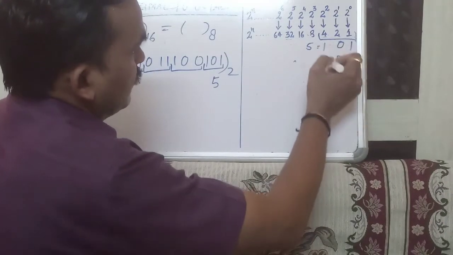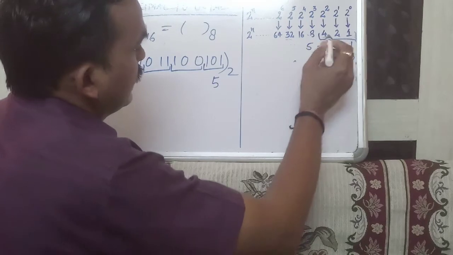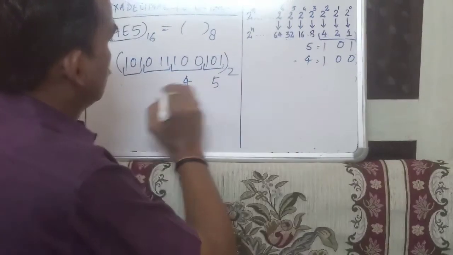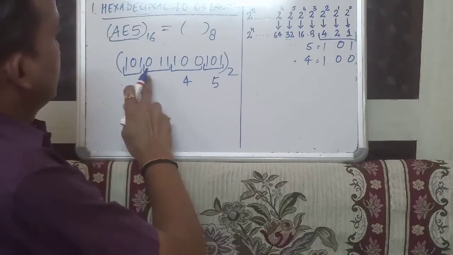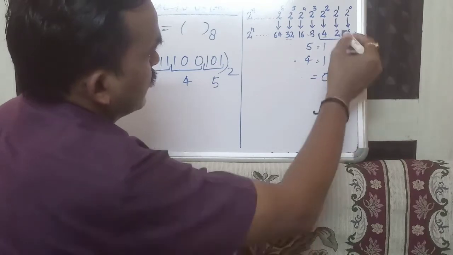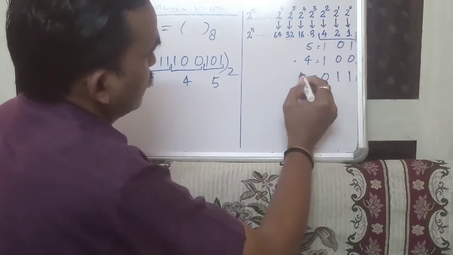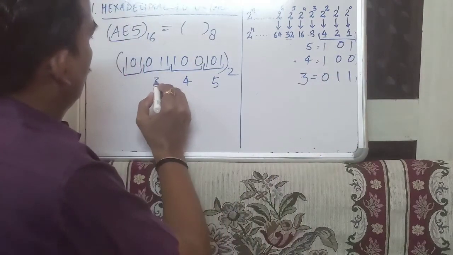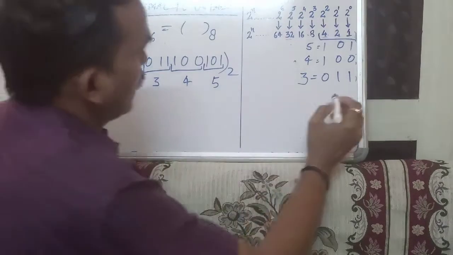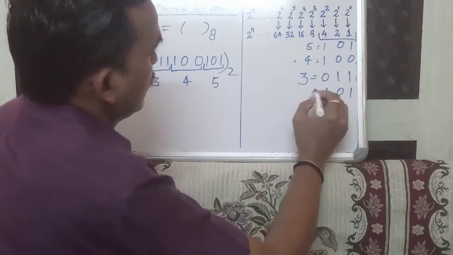Here only 4 will be occupied. So this is 4. Third is 011. So here 2 and 1, 3. So the value of it is 3.